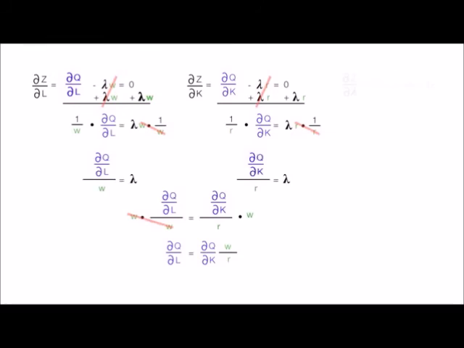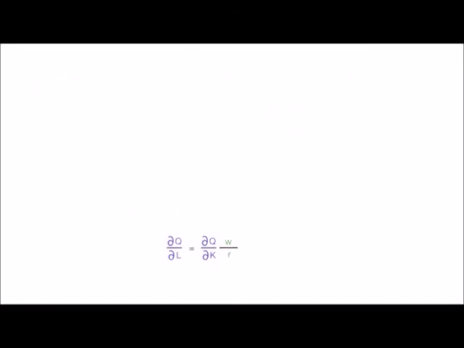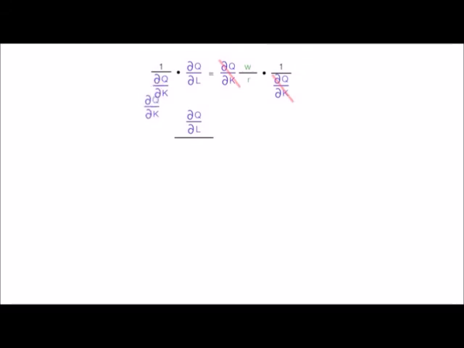Now I'm going to move everything up, give myself a little bit more room to work. Right there. So I multiply both sides of the equation by 1 divided by the partial derivative of Q with respect to K. Now this gives me the partial derivative of Q with respect to L divided by the partial derivative of Q with respect to K, the ratio of those two, and this is equal to w divided by r, right there.